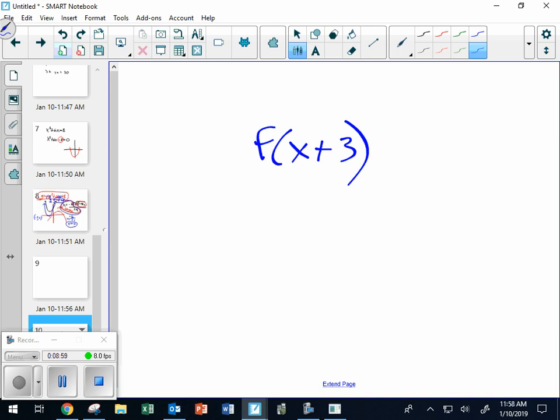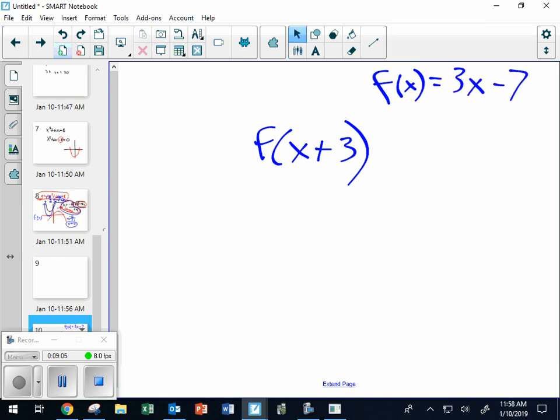Let's say my function was this. F of x is 3x minus 7. I guess yours has 2 variables. It won't make that much difference, but I will use 2 variables. X plus a. Let's say I wanted to find that.